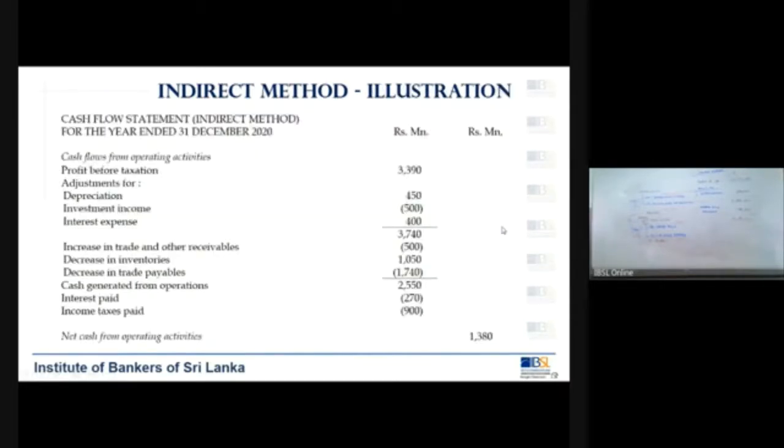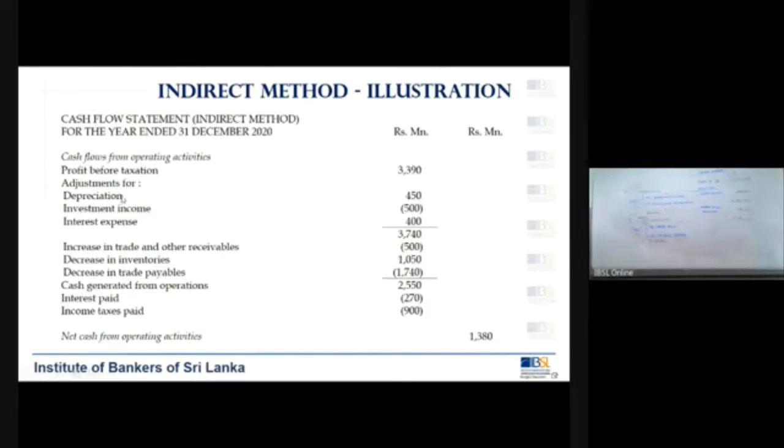This is an example of a cash flow under the indirect method. Look at how they started. They are starting with the profit before tax.